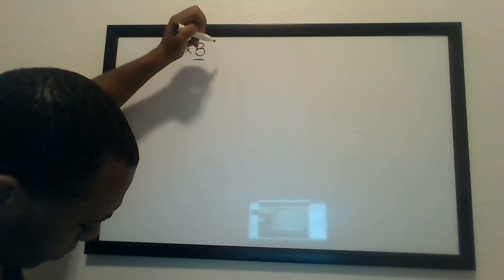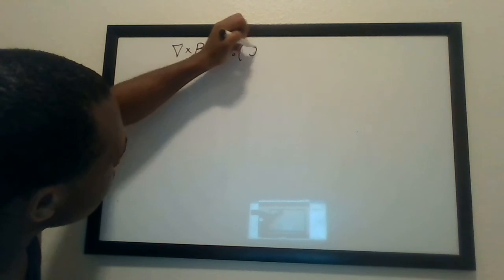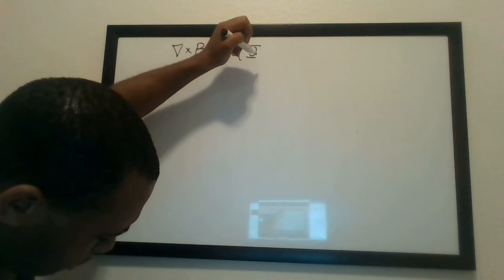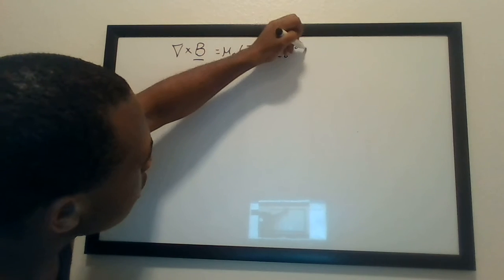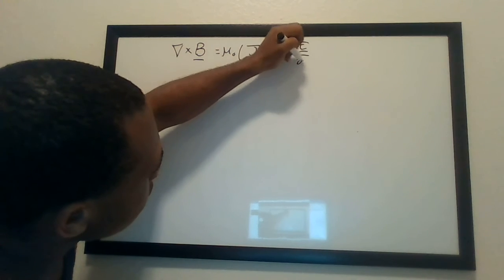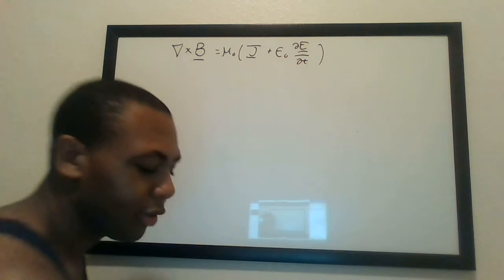So here we go. This is what I did. I said del cross B has to be mu naught times the current density plus epsilon naught times the time derivative of the electric field.